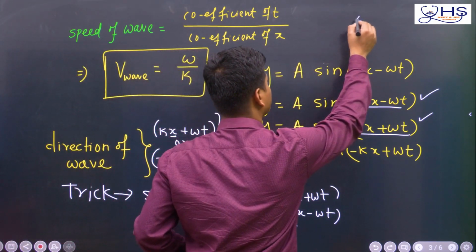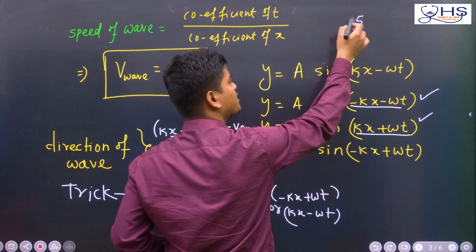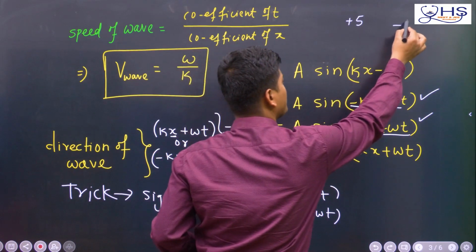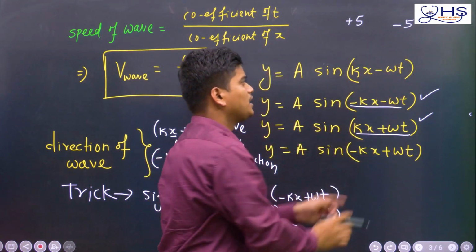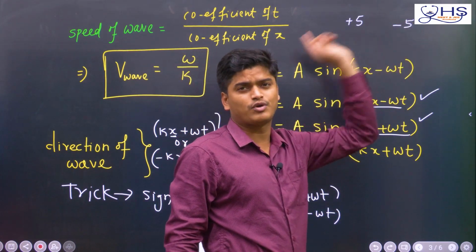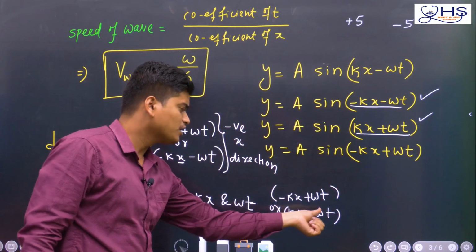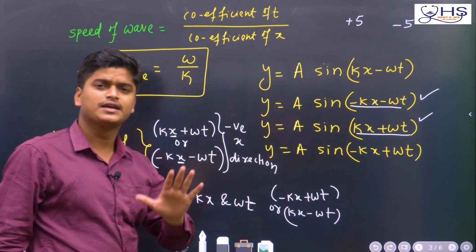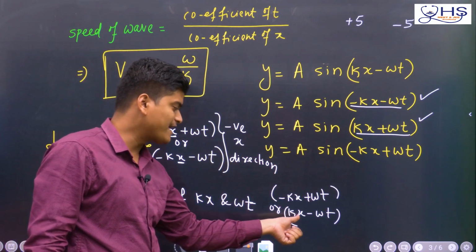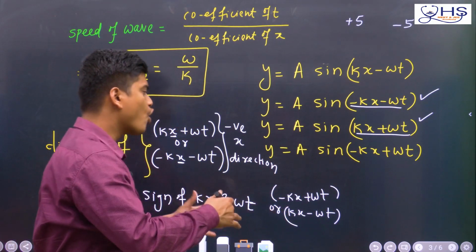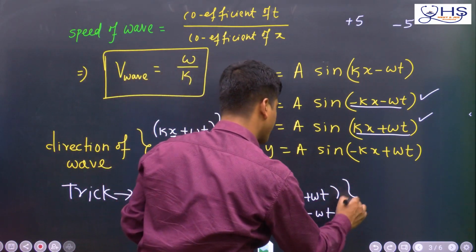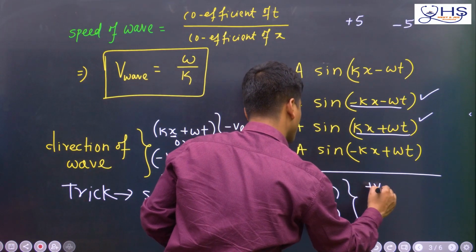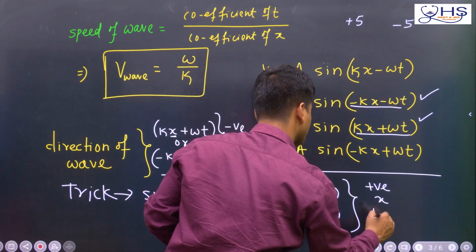Whenever I write 5, you understand it is plus 5, because when nothing is written, plus is there. If I write minus 5, you can understand the left side always defines the sign of a number or quantity. So here for omega t, the left side is negative, so the sign of omega t is negative, but the sign of kx is positive. So they have opposite signs. So if it is opposite sign, then remember it is traveling in the positive x direction.